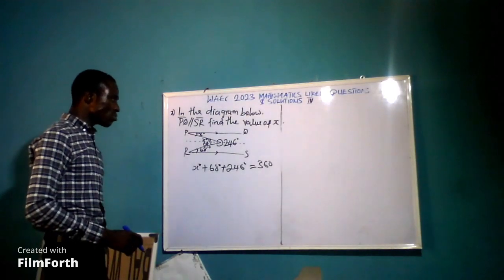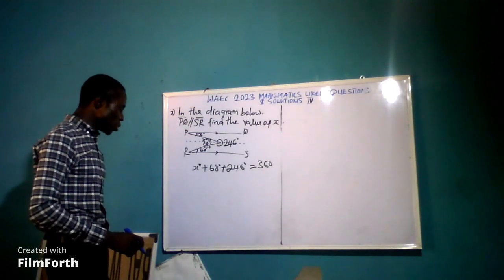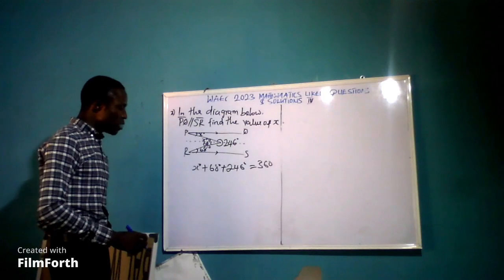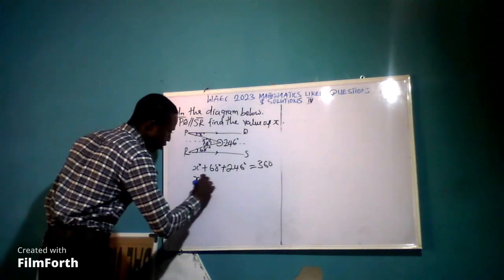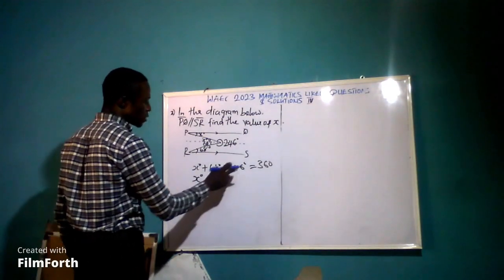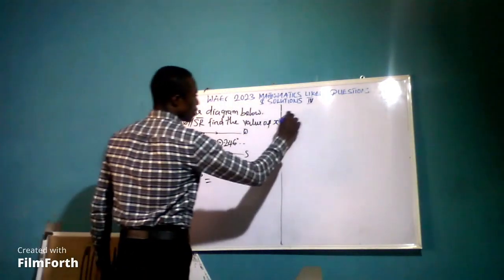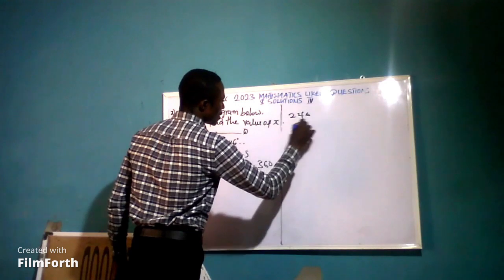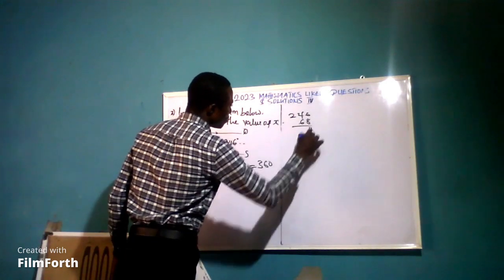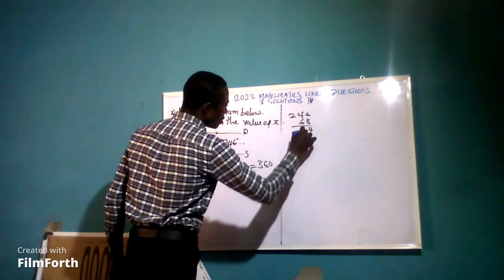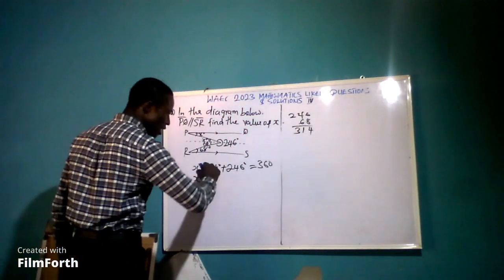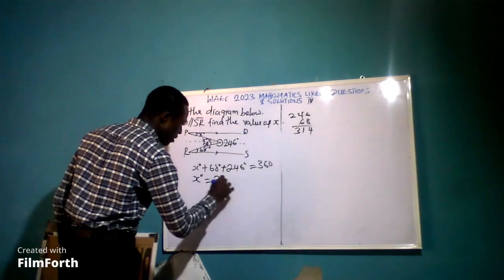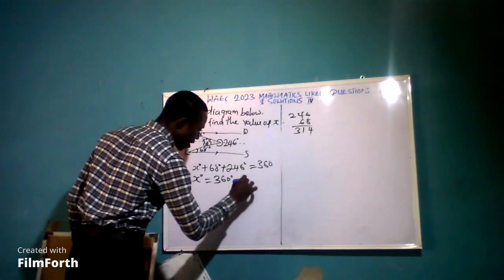From here we make x the subject of the formula. We have x degree to be equal to 68 plus 246. So we have 314. Taking it to the other side, it will be 360 degree minus 314 degree.